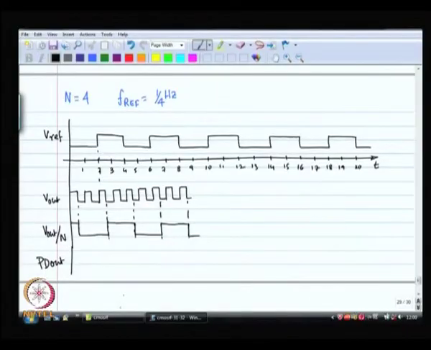So, what is going to happen is the output of the PD is going to go up, come down, then again it is going to go up and come down. And notice that now the output of the PD is on for a fraction of the time, is up for a fraction of the time, not permanently like before.